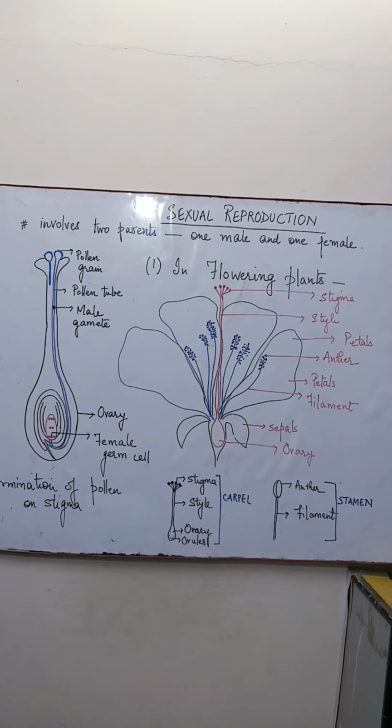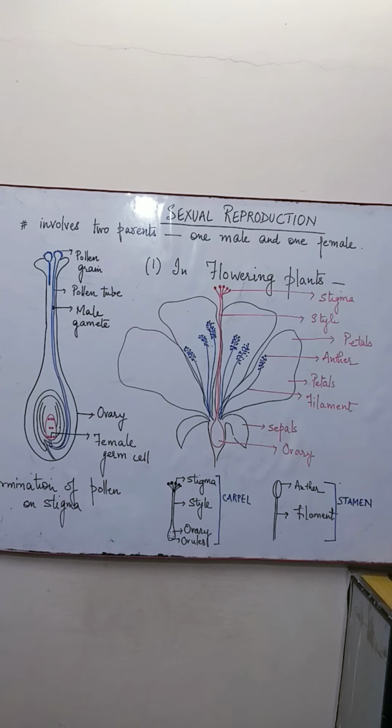Now, let's talk about the various parts of a flower and then try to understand how sexual reproduction is brought about in them. As I told, this sexual reproduction happens in all the flowering plants, that is angiosperms.